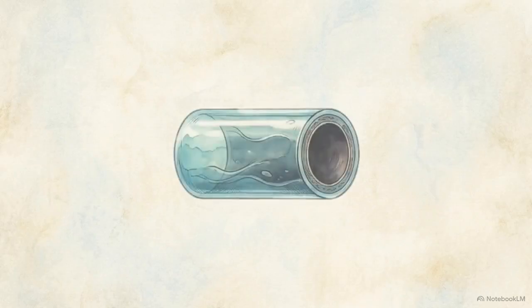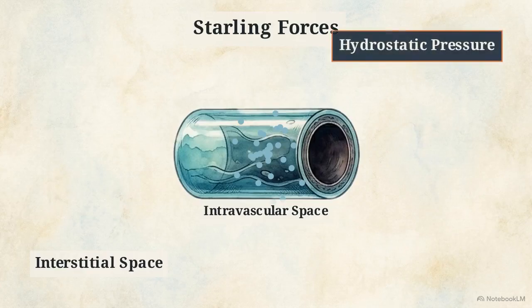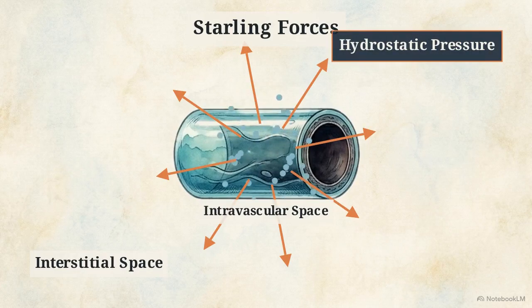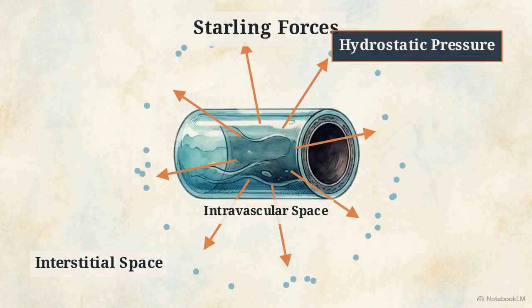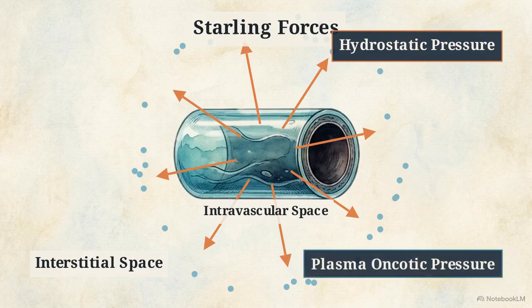Beyond the cellular wall, fluid moving between the blood vessels and the surrounding tissue is governed by a separate mechanism known as Starling forces. The first force at play is capillary hydrostatic pressure. This is the physical push of fluid from inside the vessel against the capillary wall, driving water out into the tissue. Opposing this is plasma-oncotic pressure.